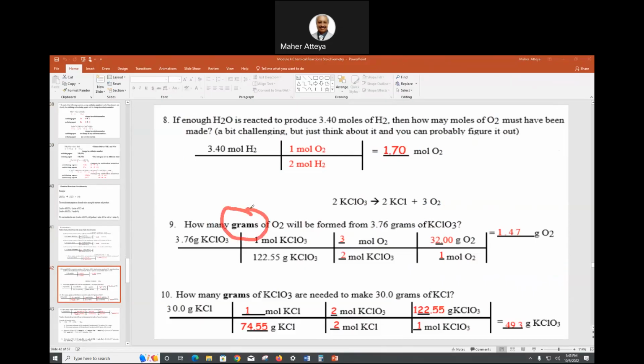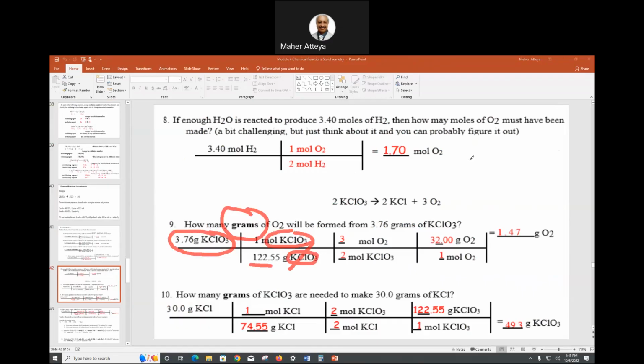There, I was asking moles. So with moles, we are not involved with the molar mass, but here I need grams. So I start with this number of grams of the potassium chlorate. I have to get rid of the gram, so I have to use the molar mass of the whole compound here, right? This is gram per mole, that's the molar mass. You divide this by its molar mass, gram per mole, and you know how to get this.